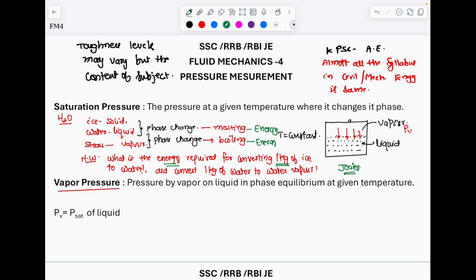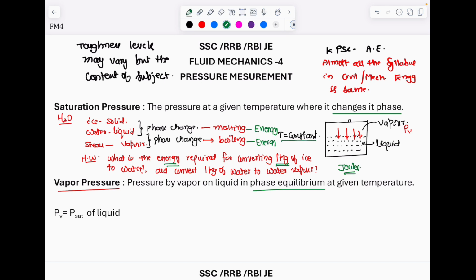For example, water boils and there will be a stage where phase equilibrium is attained. When phase equilibrium is attained, the saturated pressure of the liquid, now I have not defined saturation pressure. Now you see, there is a phase change. Saturation pressure is the pressure at a given temperature.